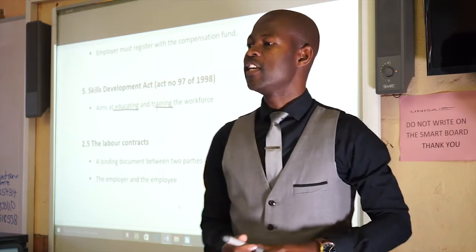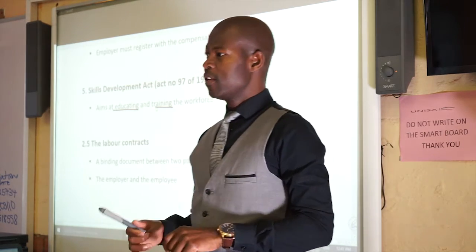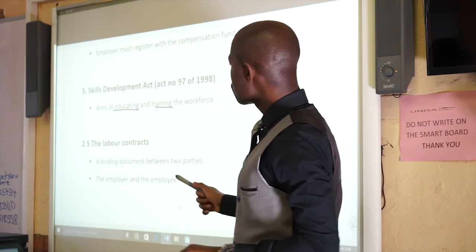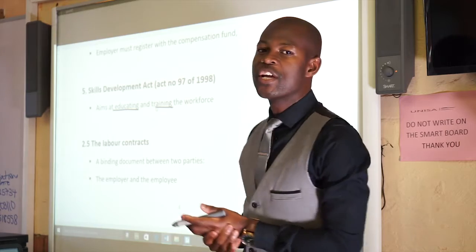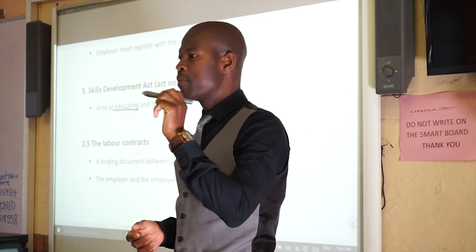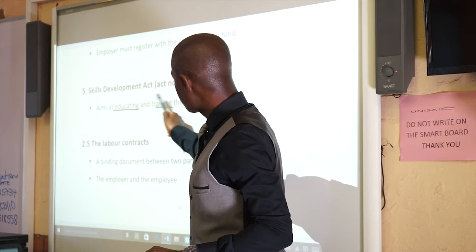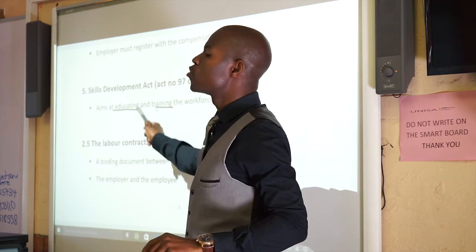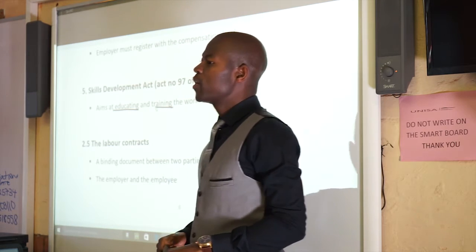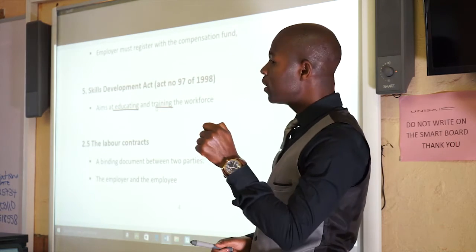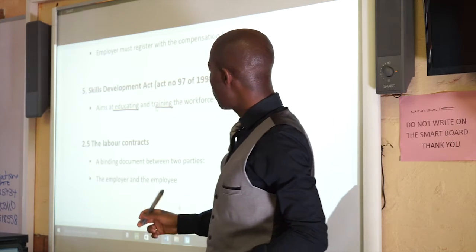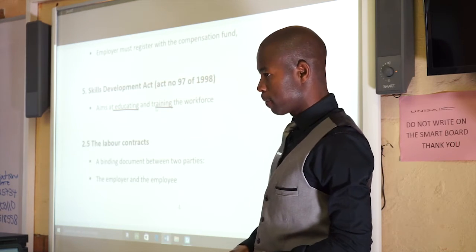That is to say that each and every person that is working should have proper training for that particular piece of work that the person is doing. So this speaks specifically to training and also to educating workers on the type of work that they are doing.